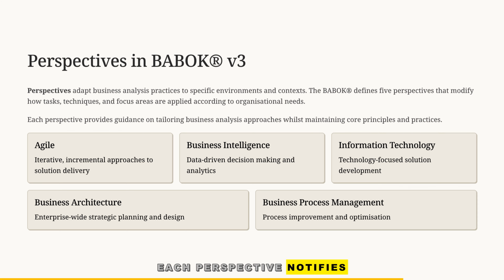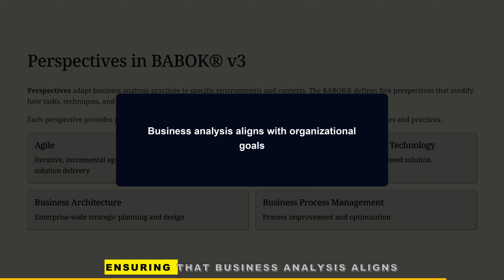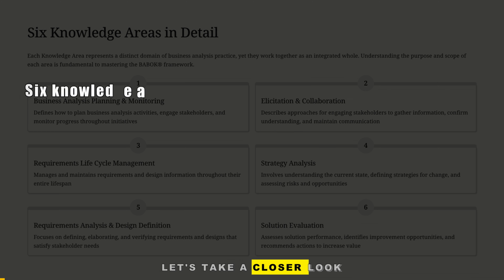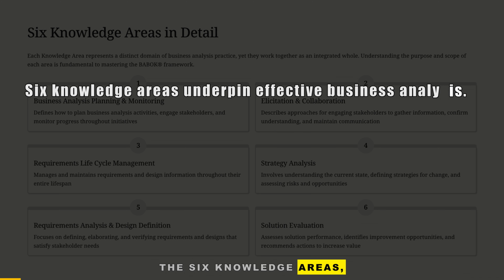Each perspective modifies how tasks, techniques, and tools are applied, ensuring that business analysis aligns with organizational goals and operating models. Let's take a closer look at each of the 6 knowledge areas.